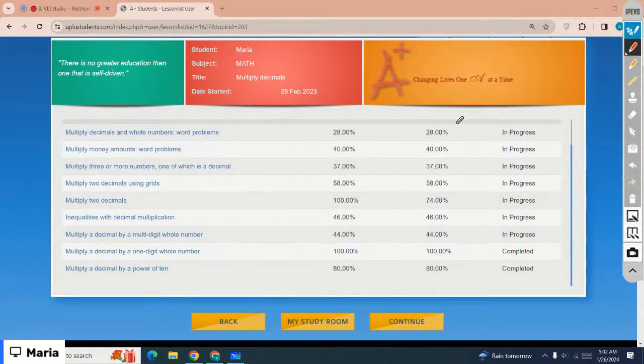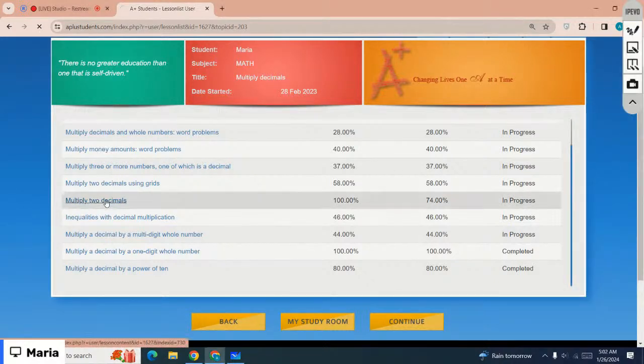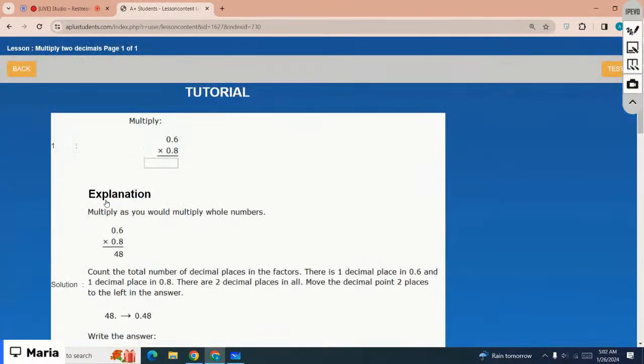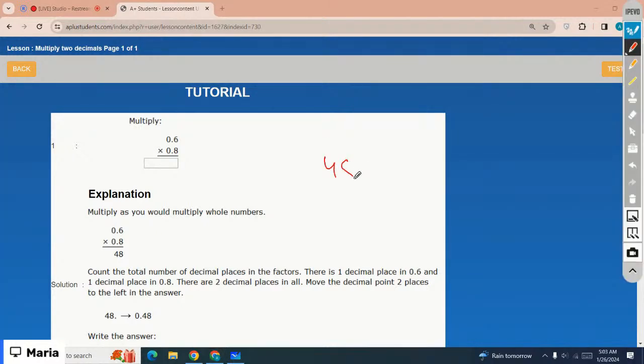The lesson is multiply two decimals. So how do we multiply the decimals? Let's just multiply them without the decimal point, right? They are then 6 and 8. So 6 times 8 makes 48.